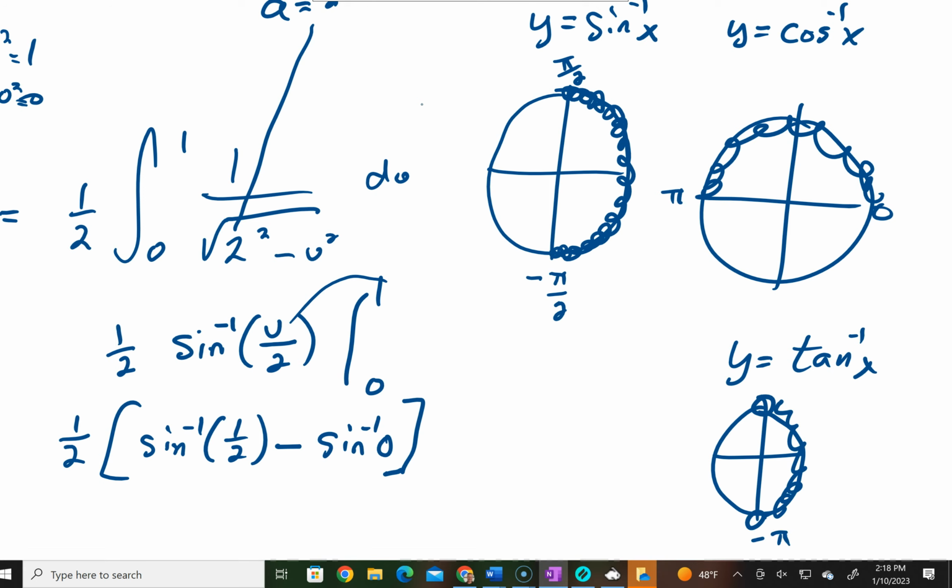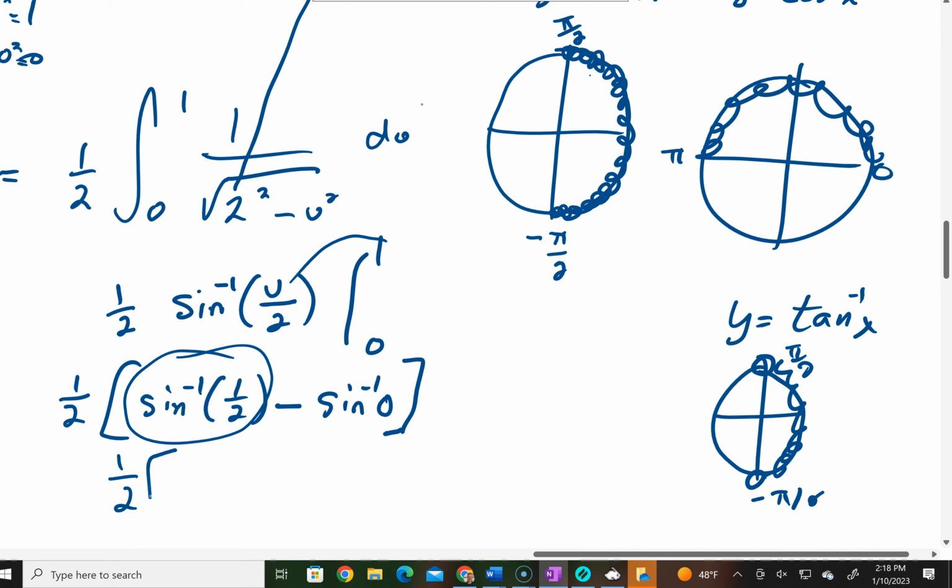Right? So why am I bringing that up? You see, this is saying, give me the angle. When you've got inverse sine of 1/2, you're saying, give me the angle, and we'll work in radians here. That angle has to be in the first or fourth quadrant, from negative pi over 2 to positive pi over 2. Give me the angle when the sine of that angle is 1/2. From the unit circle, the sine of what is going to get you 1/2?